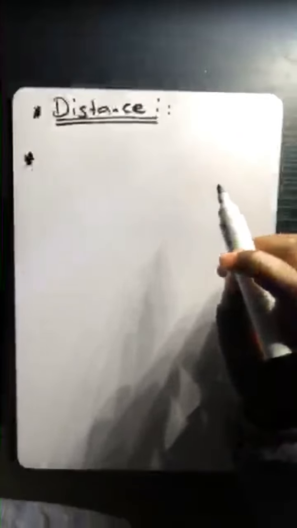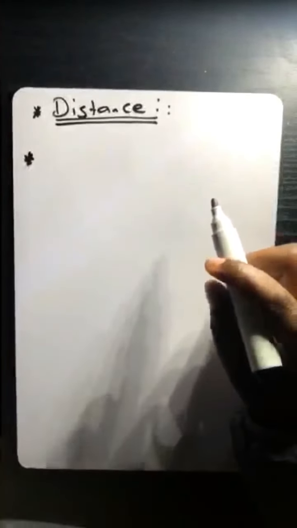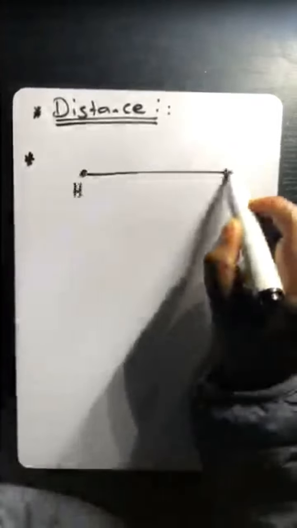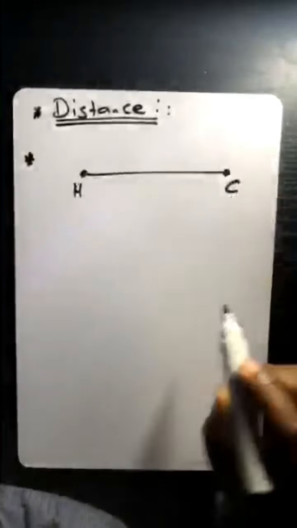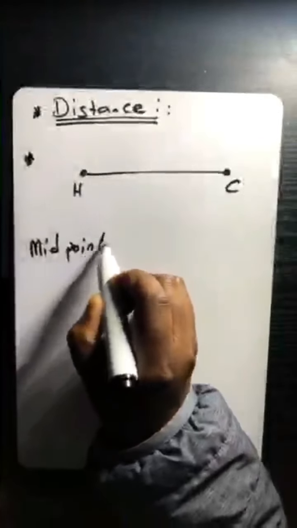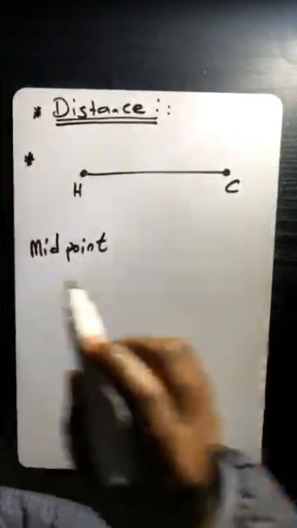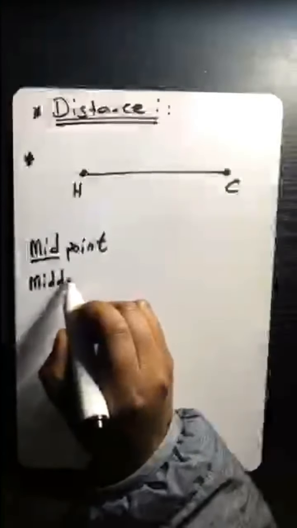So now, quickly, let's do a bit of a revision in relation to the midpoint formula. Let me use the same example: this is your house, this is the clinic. When we talk about the midpoint, the word mid is short for middle.